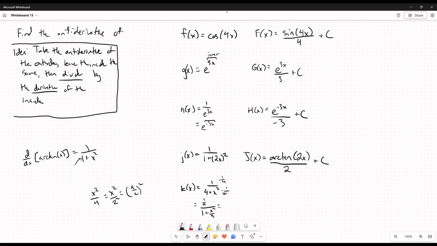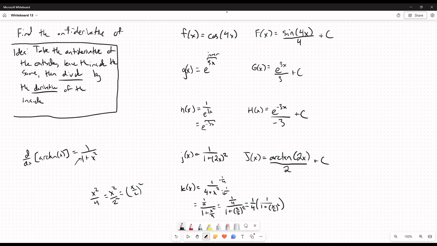So the denominator becomes 1 plus x over 2 squared, and just for good measure, I'm going to rewrite this as 1/4 on the outside times 1 over 1 plus x over 2 squared.